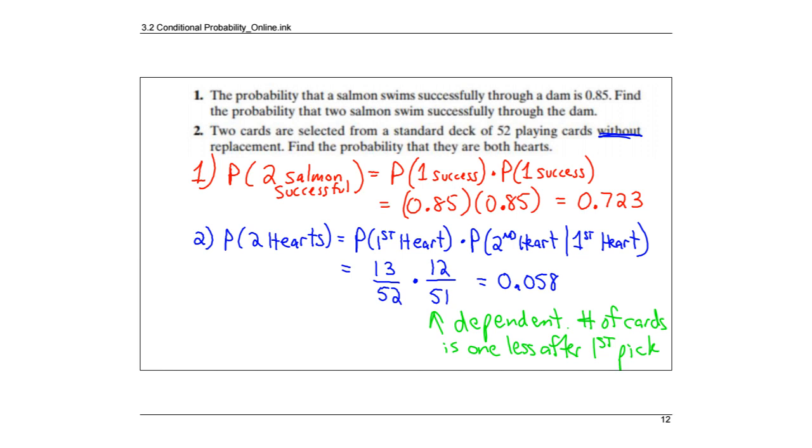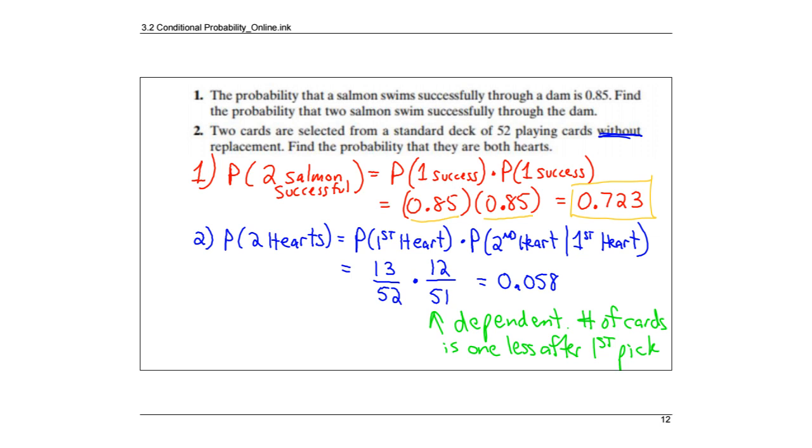So I want the probability of 1 salmon successfully swimming through the dam and a second successfully swimming through the dam. So since it's "and", I'm going to multiply. So I'm going to take 0.85 times 0.85. That gives me 0.723.